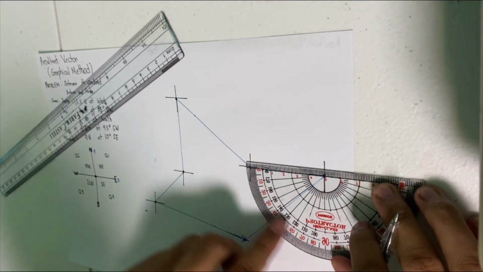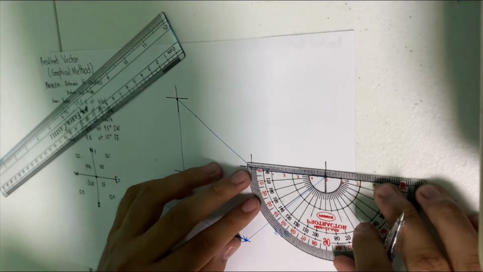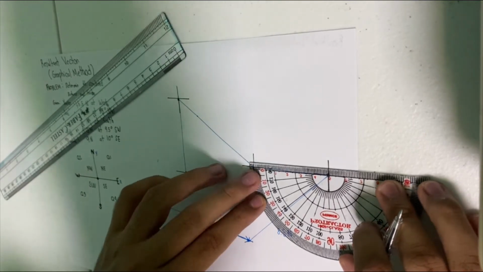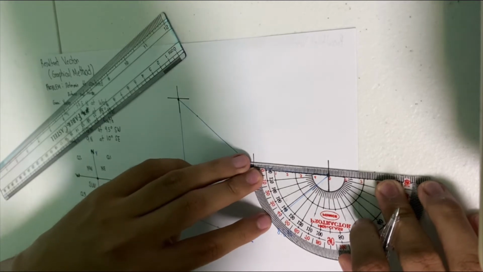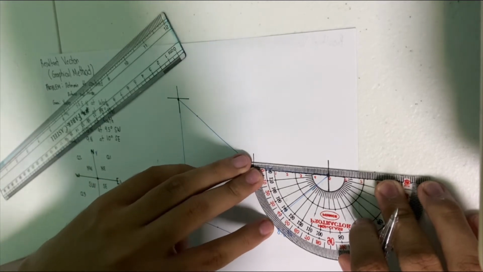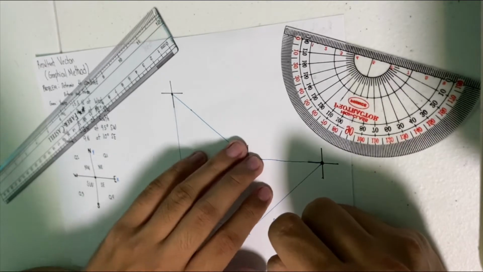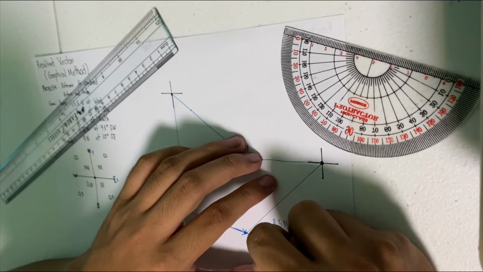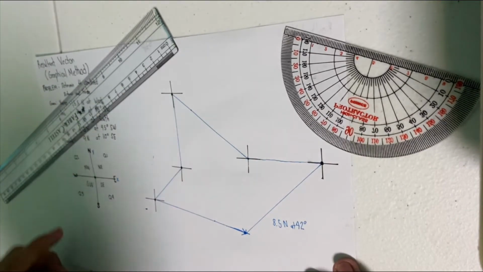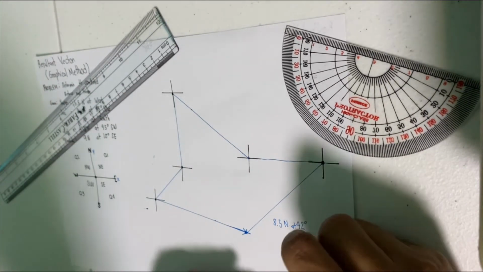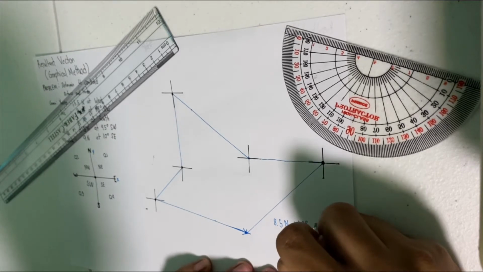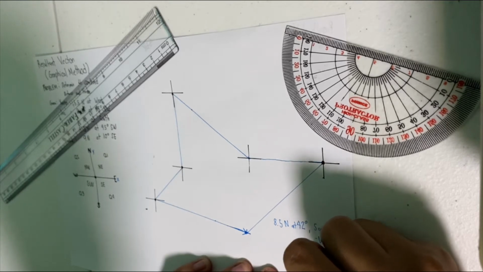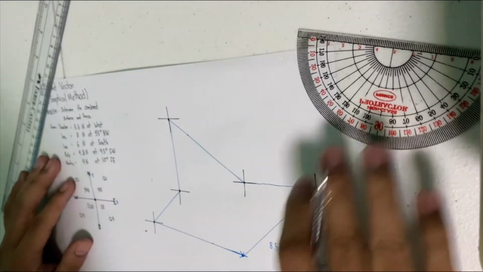Let's find where this belongs. To be exact, it is 42 degrees, 42 degrees in southwest.